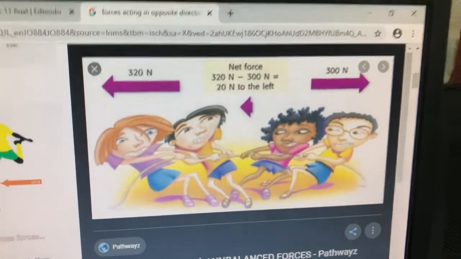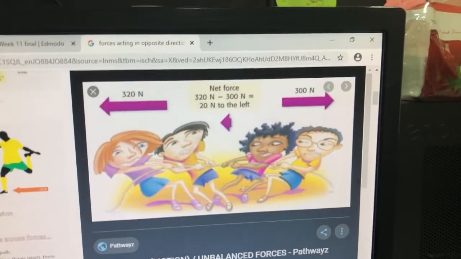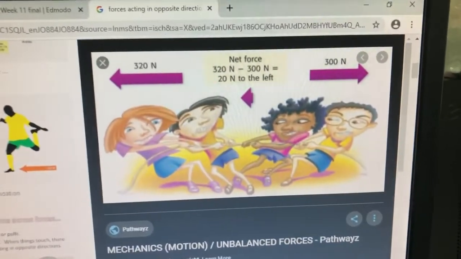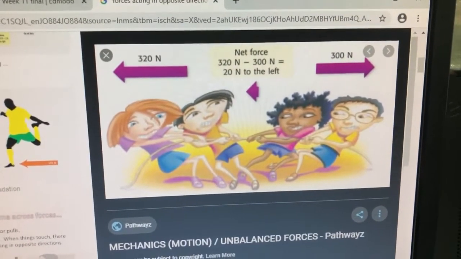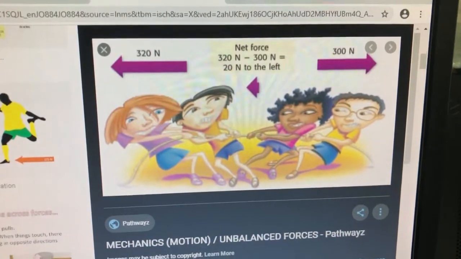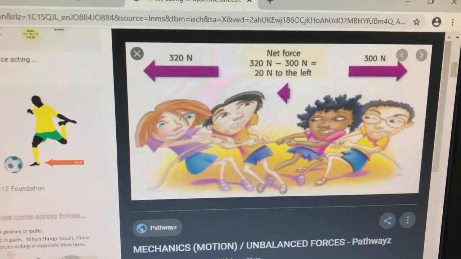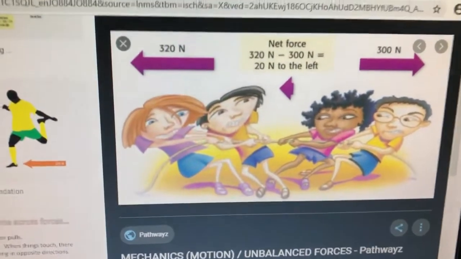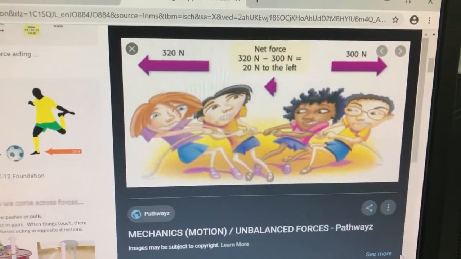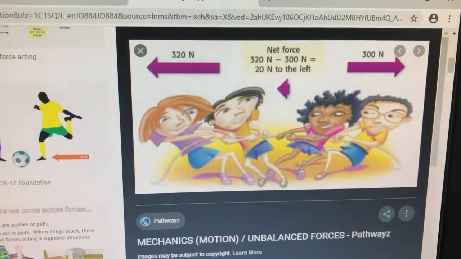And we said the more force is going to the left, so we say 20 Newton going to the left. However, grade 6, if the force was more on the right, we would say 20 Newton to the right. But actually, the more force is on the left, so that's why we said 20 Newtons to the left.